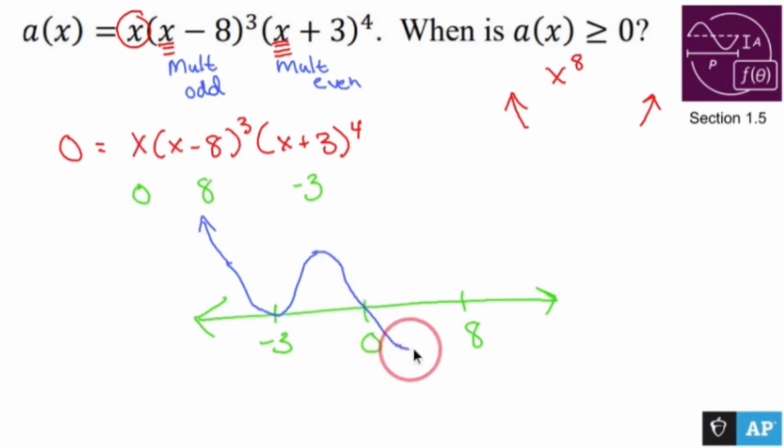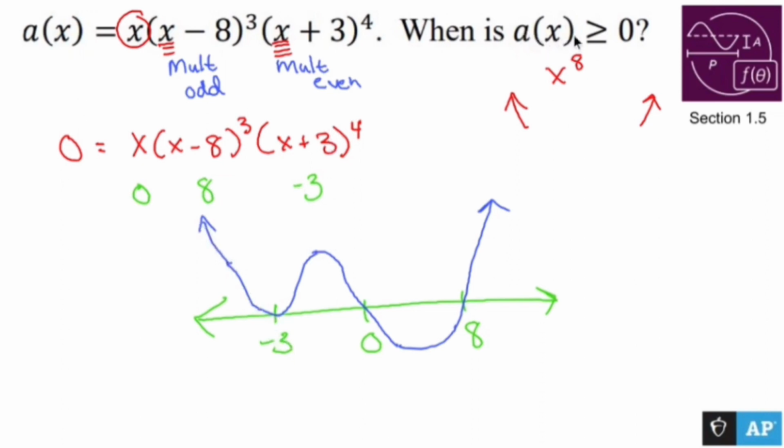Now I'm going to come back up towards 8. My multiplicity for 8 was odd, so it's going to go through and end like that. Okay, so again, when your multiplicity is odd, like here and here, your line goes through that 0. When it's even like it was for negative 3, it bounces off.